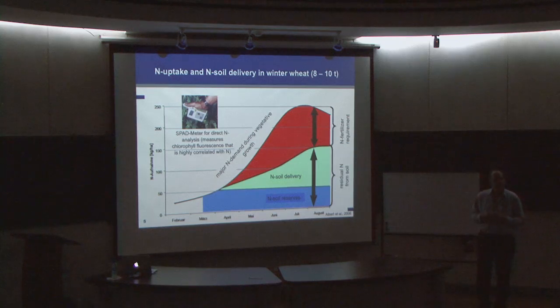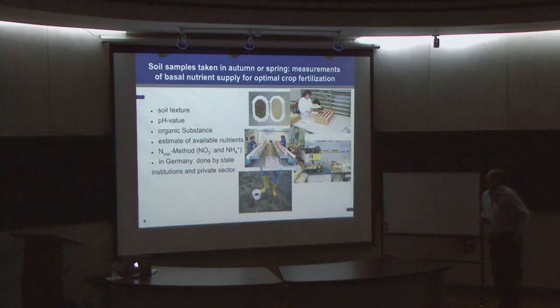Already visibly, we can see whether the plants are a little bit darker. They are probably better supplied with nitrogen compared to chlorotic plants, which are a little bit more yellow and more likely have a nitrogen deficiency. So these things are pretty cheap and also used by farmers.